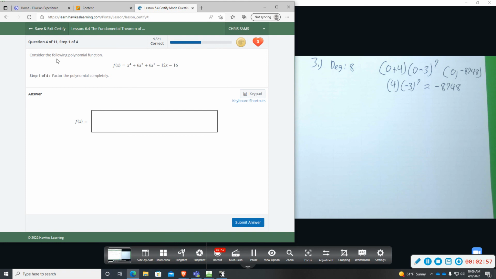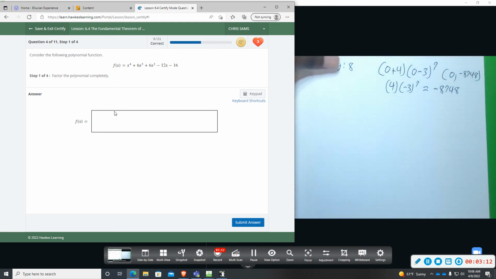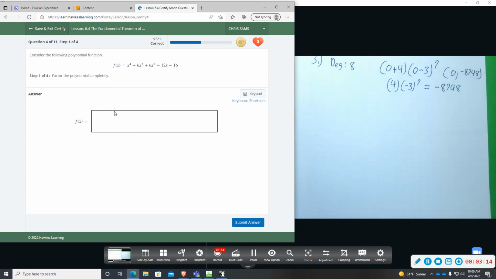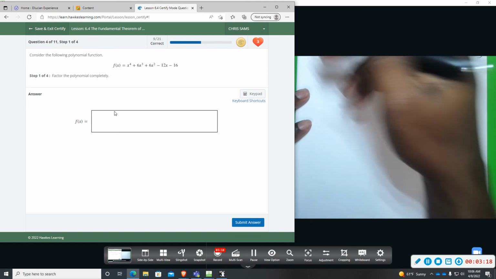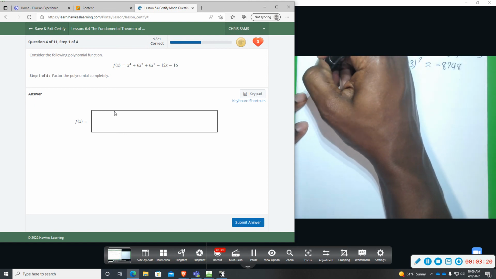All right, so number 4, we have 4 parts. We want to factor the polynomial completely, and then we'll go from there and see what else they want us to do. So this is why they wanted us to remember the Cartesian rule of signs and some of those other things that we've been over. But we're going to use the calculator to help us out.